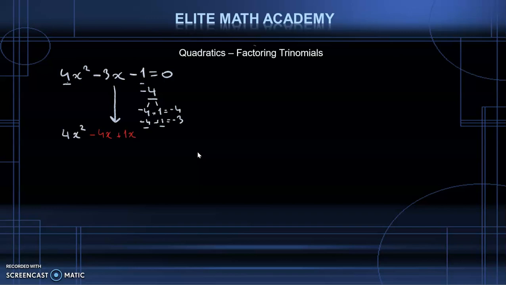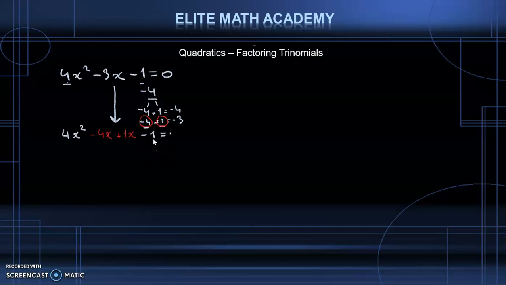These are coming from the two numbers that multiply to negative 4 and add up to negative 3. The rest of the equation will stay the same.